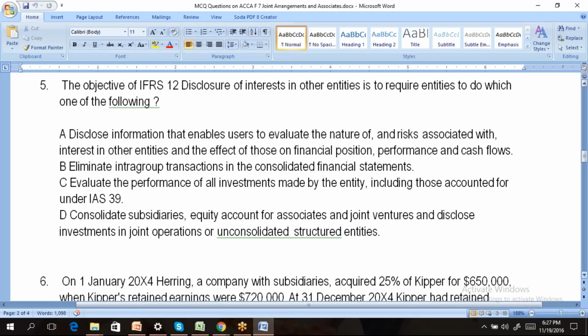What is the purpose of IFRS 12? Disclosure of interests. Why do we have to disclose it? Look at A, B, C, and D. The objective of IFRS 12.